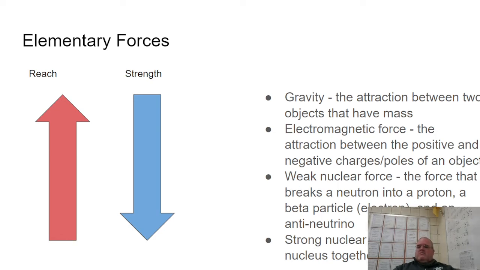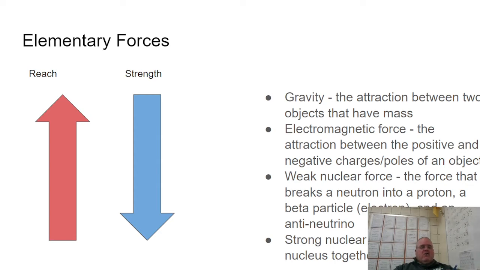The weak nuclear force is the force that breaks a neutron into a proton, a beta particle or an electron, and an antineutrino. Basically, this is what happens in nuclear reactions, and it acts over a very small distance. Basically, the diameter of a neutron is what this force acts over.